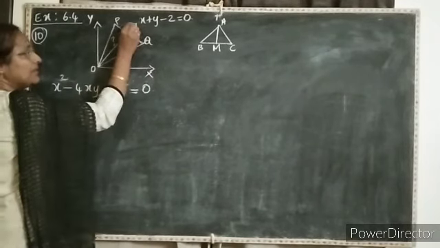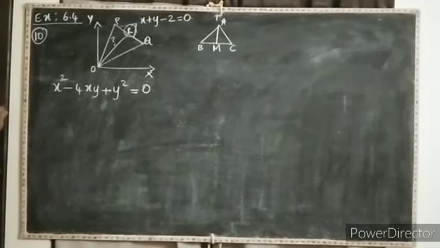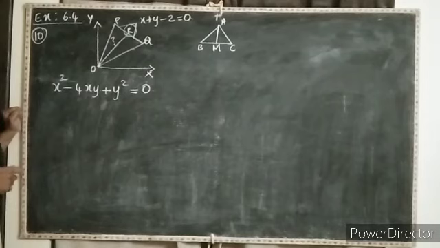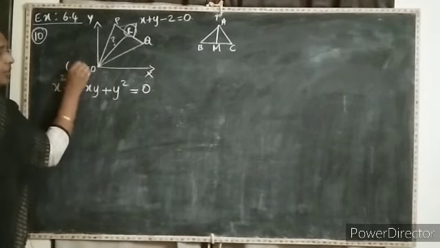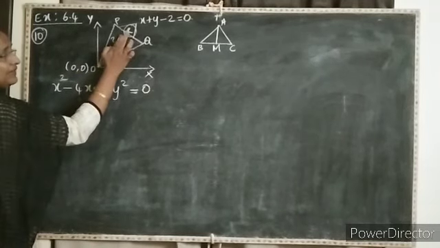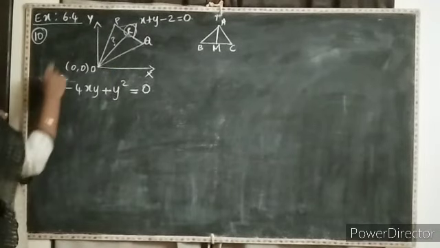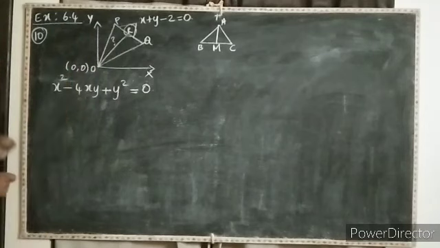My aim is to first find the point R. I am going to find the midpoint of PQ, which is R. O stands for the origin (0, 0). So after finding R, with the help of the two-point formula, I am going to form the equation of the line OR. Is it clear for you? First our aim is to find the point R.